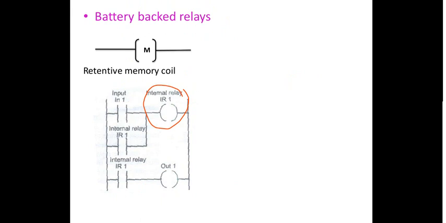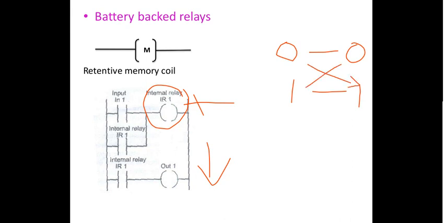Generally, as far as the battery backed relay is concerned, in our Mitsubishi configuration, we make use of the same M suffix here, but they start from 300 to 307. Only 8 such provisions are there as far as battery backup is concerned, right? M300 to M307 represent the nomenclature as per again your IEC 1131-3.